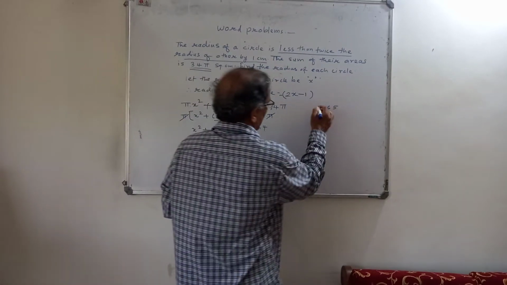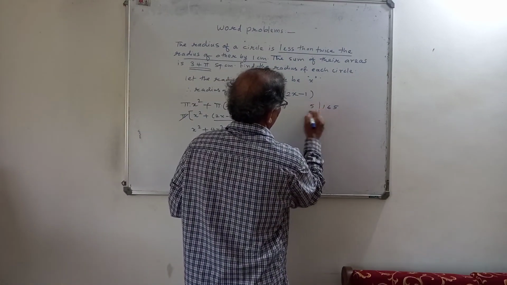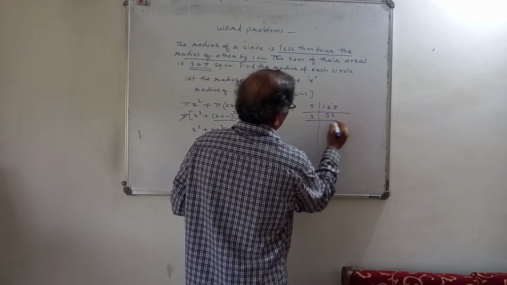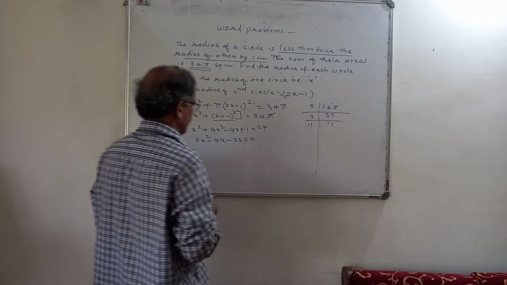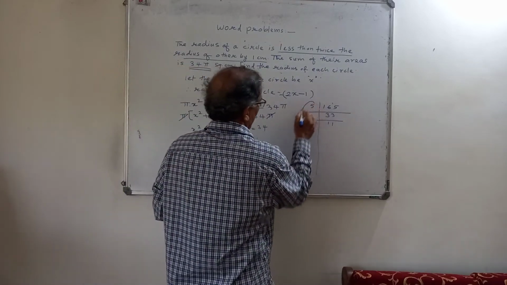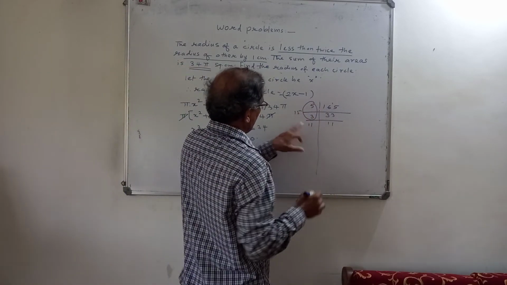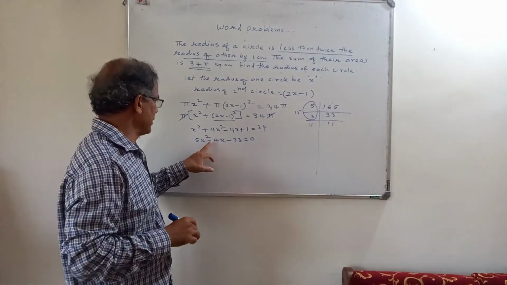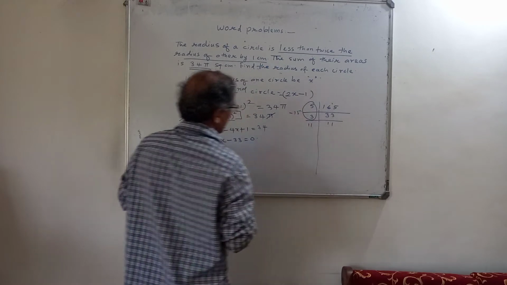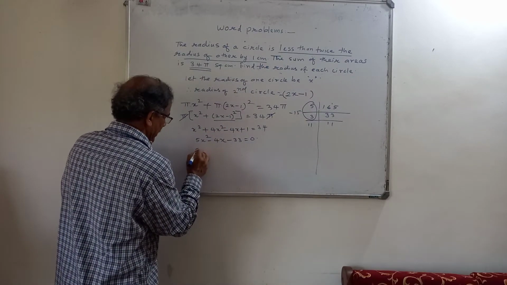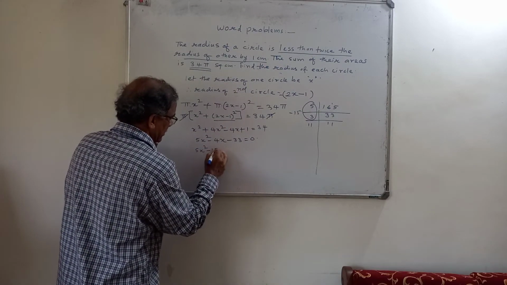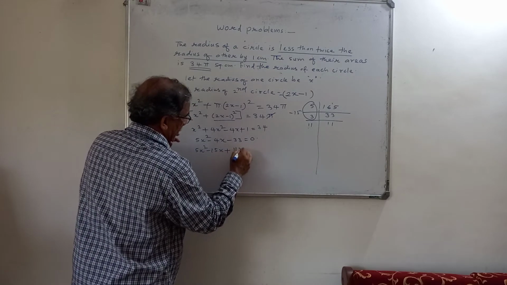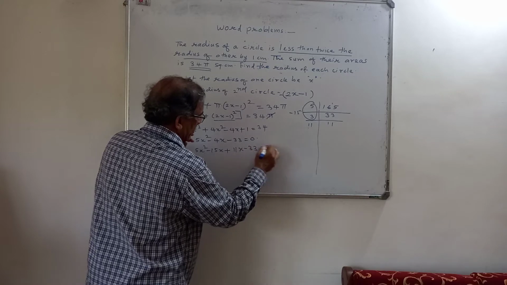So let us first find the prime factors of 165. 5 times 3 is 15, and 15 and 11. What is the difference? 4 is the difference. But the required sum is minus 4, so 15 will be negative, isn't it? So 5x square minus 15x plus the second number, 11x, minus 33 is equal to 0.